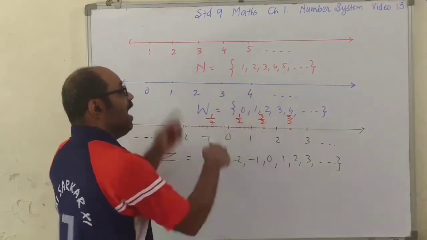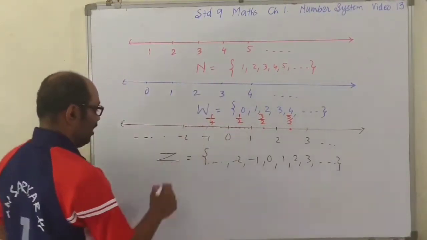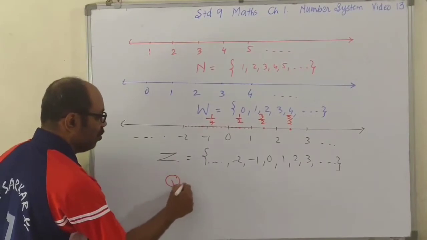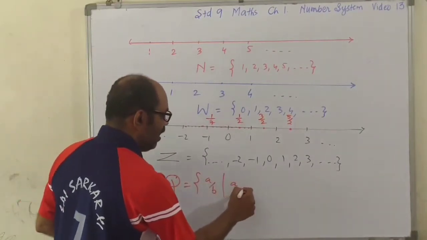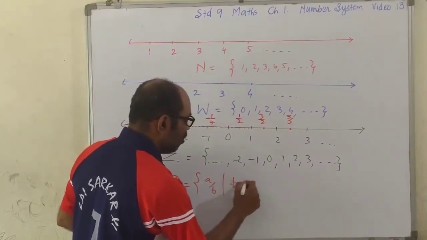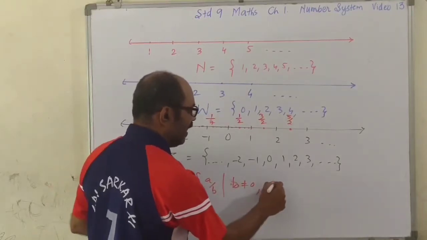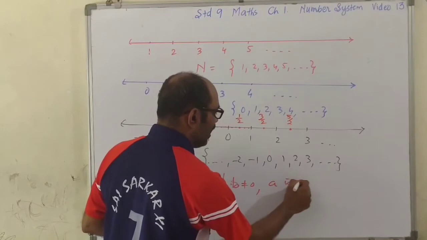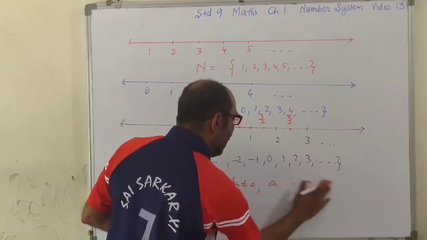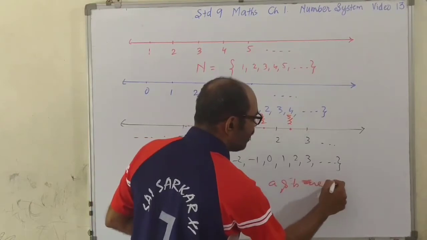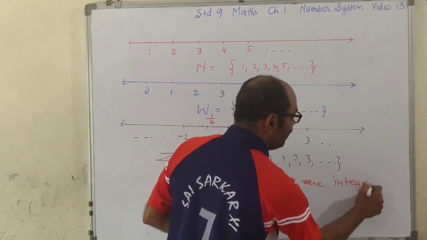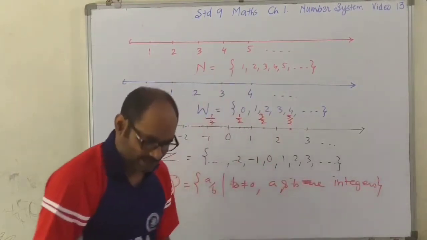Of which form? A upon B form, which are rational numbers, Q. Set having the members A upon B, where B is not equal to 0, and A and B are integers. वो कोई भी इंटीजर हो सकते हैं.